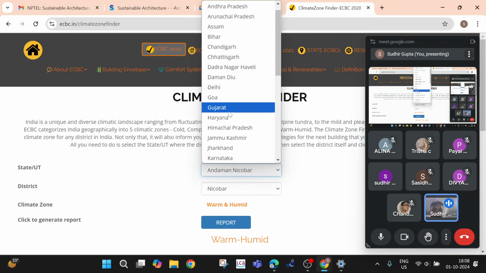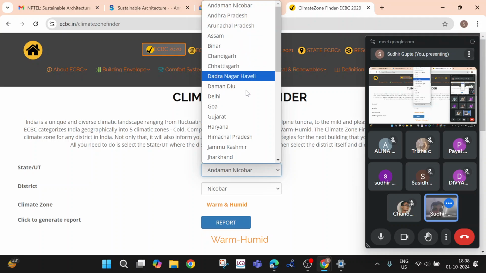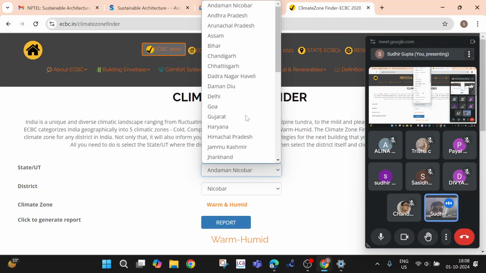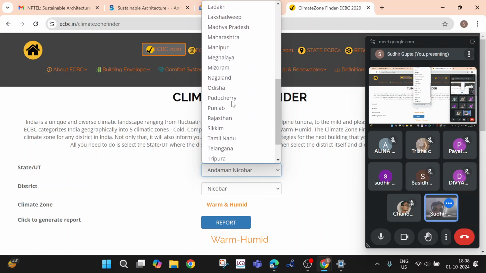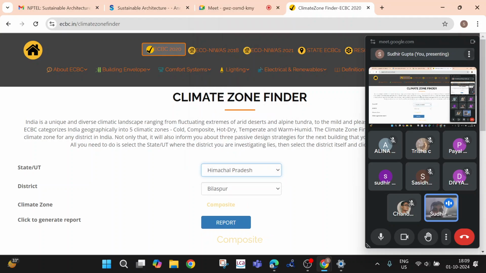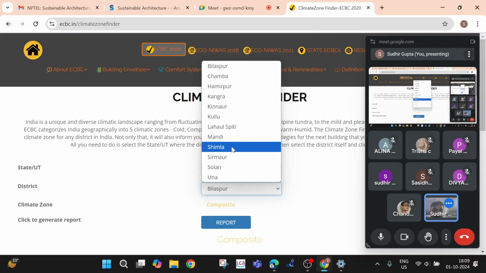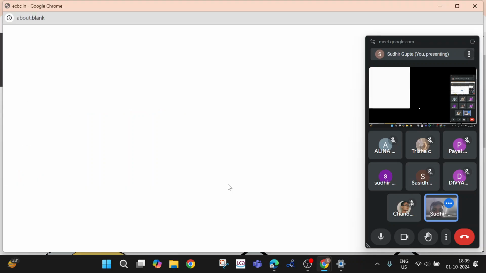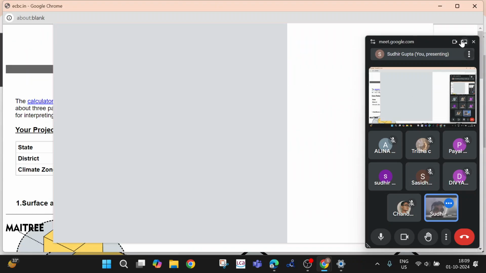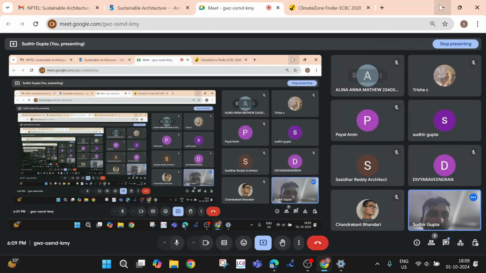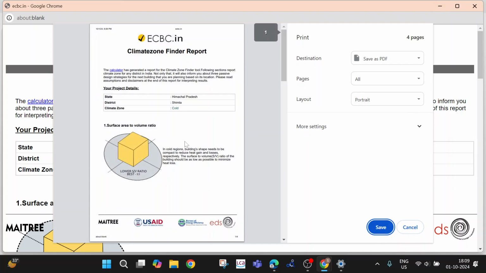I can mention any state here. Starting with the cold climate condition, you can type Himachal Pradesh, Shimla. In that cold climate you can generate the report.